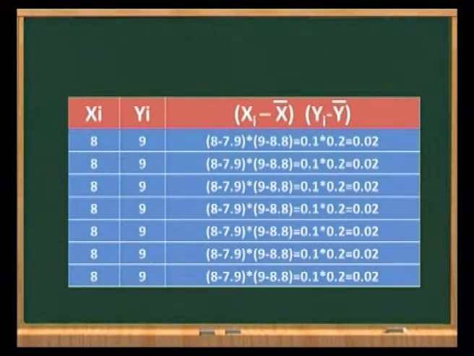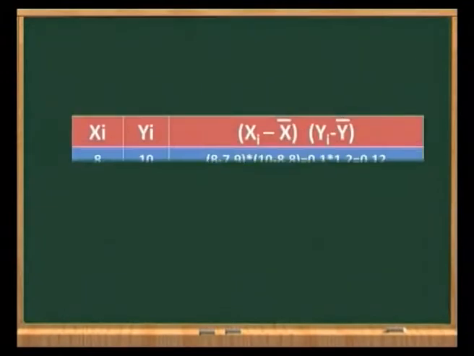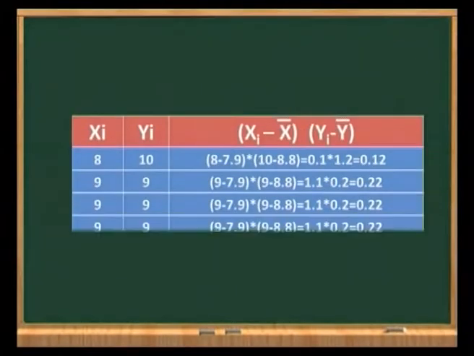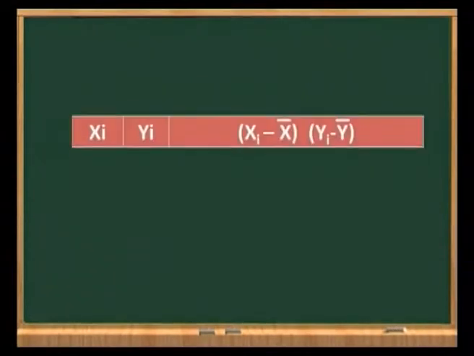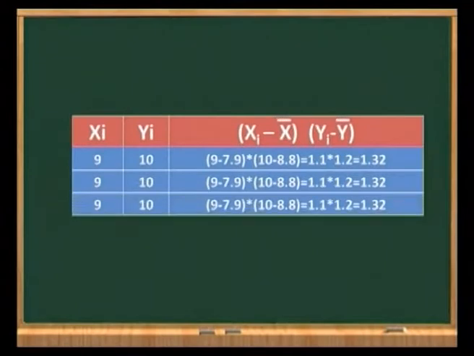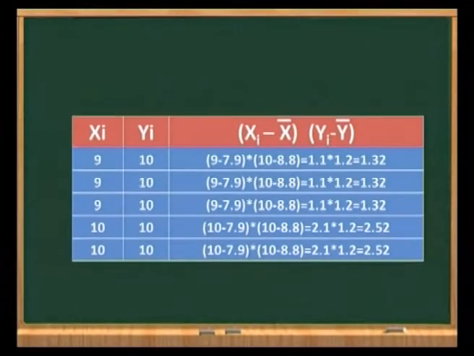The (xi minus x bar) into (yi minus y bar) is calculated here. That is, for example, the first value, 3 minus 7.9 into 3 minus 8.8 is equal to minus 4.9 into minus 5.8. The value is 28.42.